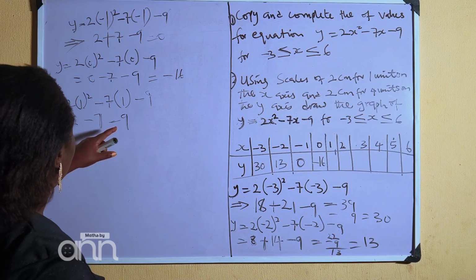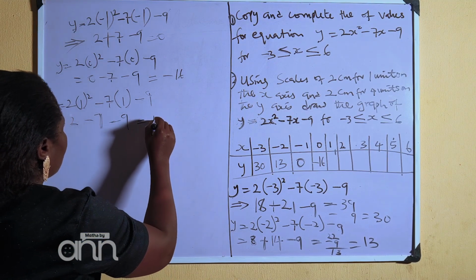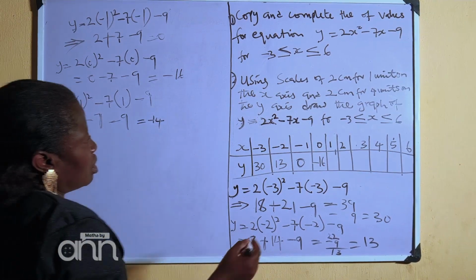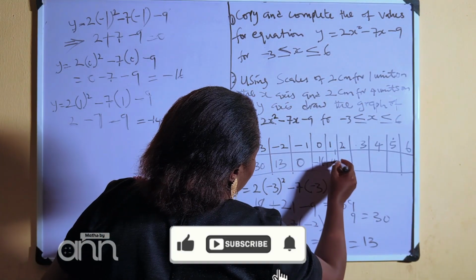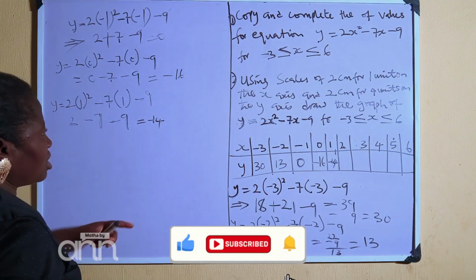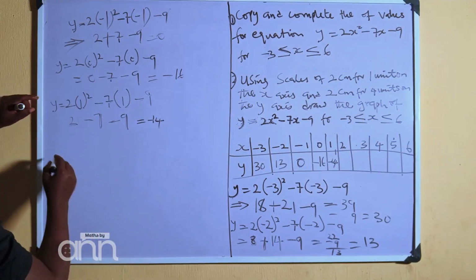Minus 5 minus 9 is minus 14. Negative 14.